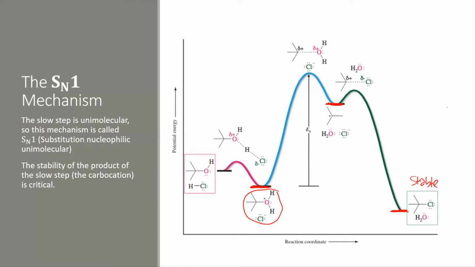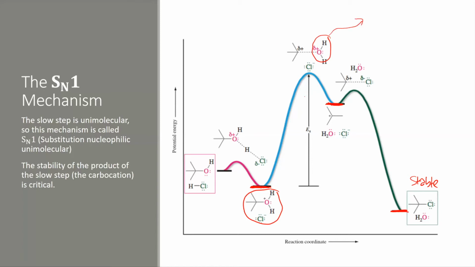Now the slow step in here is what we call unimolecular. I used that word earlier. Remember, this is called substitution nucleophilic unimolecular. That refers to the slow step here, in which there is only one molecule reacting at a time. So notice that in the slow step, we completely remove the water, so it goes away.